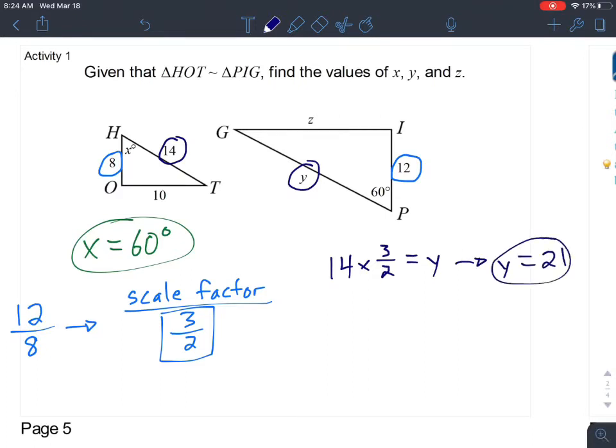So Y is going to be 21. The last part is to find Z, and that corresponds with 10. So we'll do 10 times 3/2. 10 divided by 2 is 5, and then times 3 gives us Z equals 15.